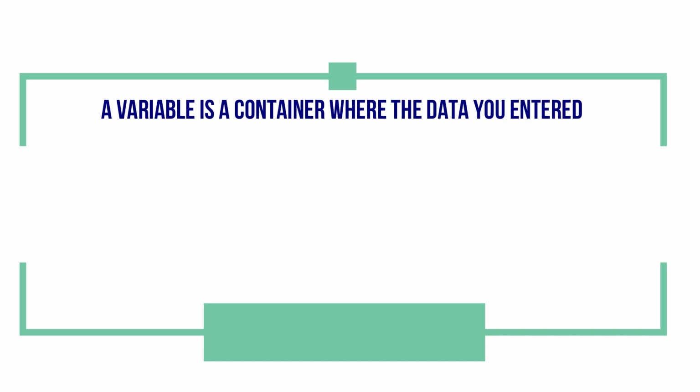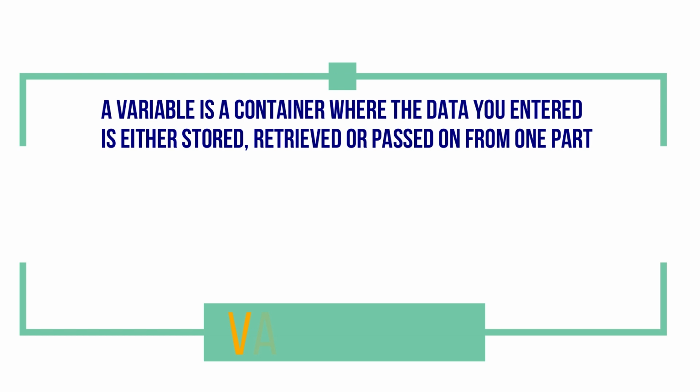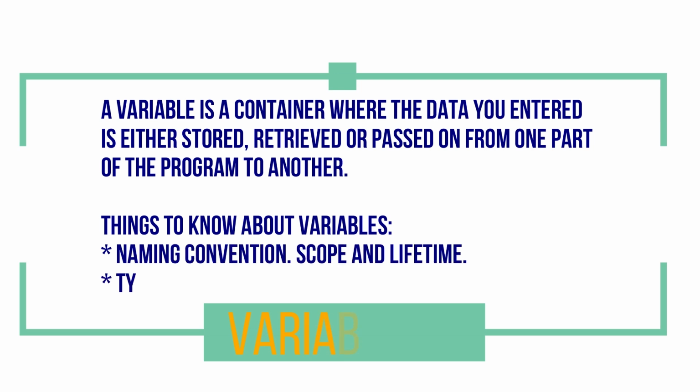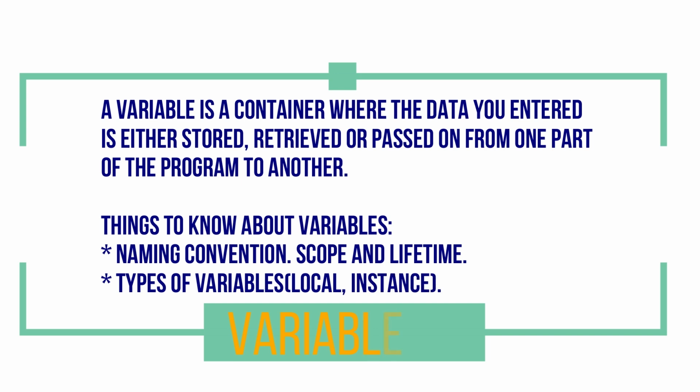If a variable name consists of only one word, it should be in lowercase. But if a variable name is more than one word, the first word should start with lowercase, while the other words after it should continue with uppercase. So guys, that's all about the naming convention.